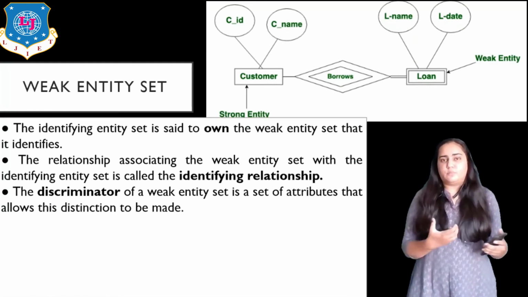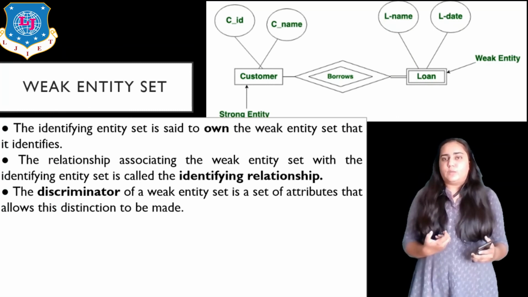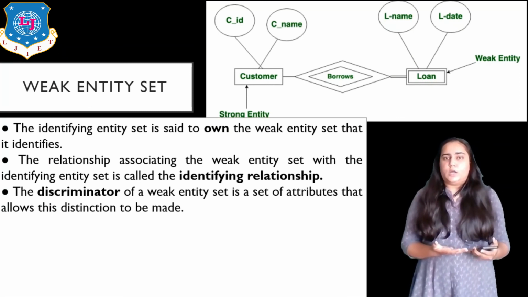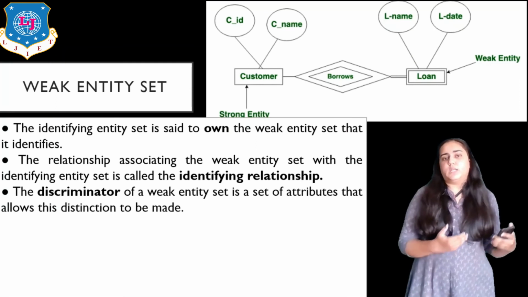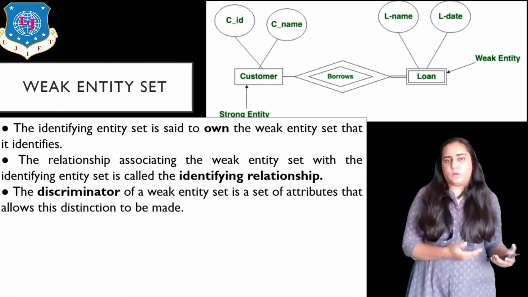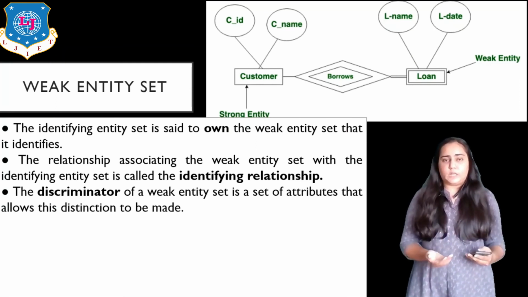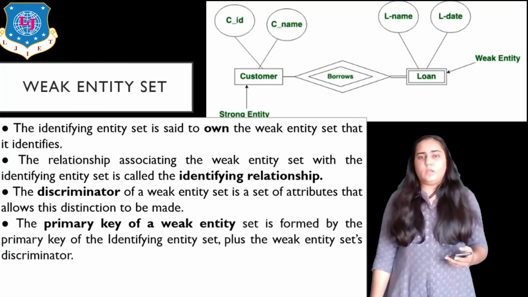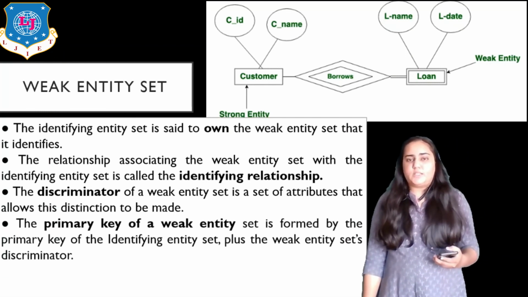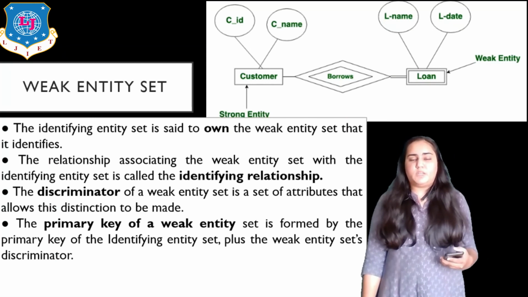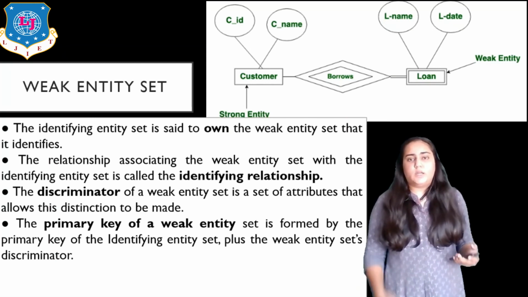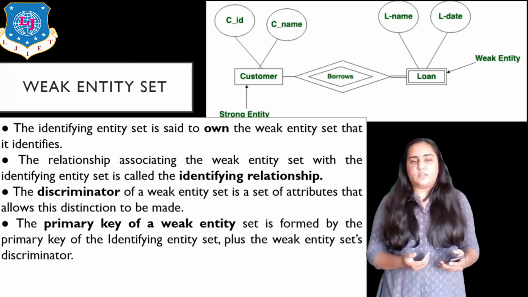So that's why if you combine, then you'll be able to make a primary key by using some other table's column. So that would be called a discriminator. The primary key of a weak entity set is formed by the primary key of the identifying entity set plus the weak entity set's discriminator.